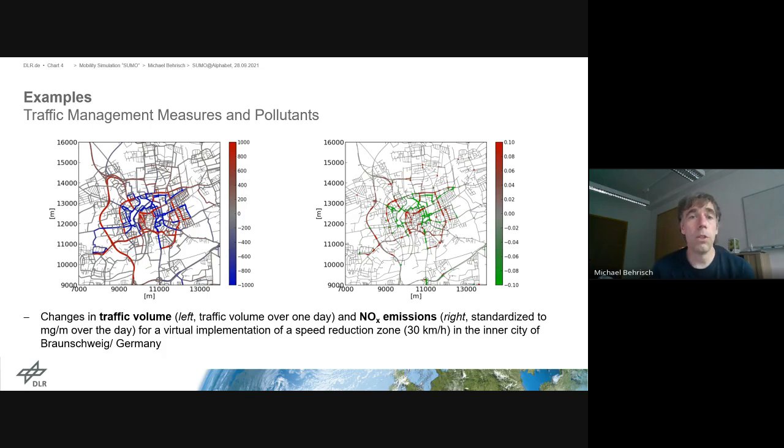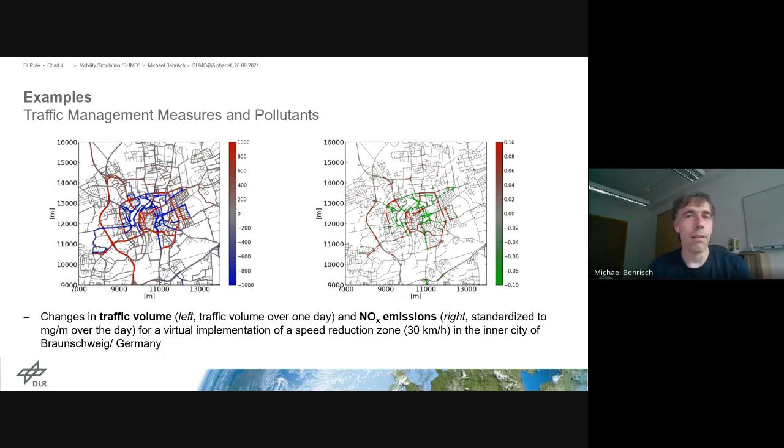Okay, another thing which is important, which we did a lot, is emission modeling, or we still do this, although we have to say that, you probably all heard about the problems of emission estimation in cars, especially German car makers were not the most favorite in this respect.